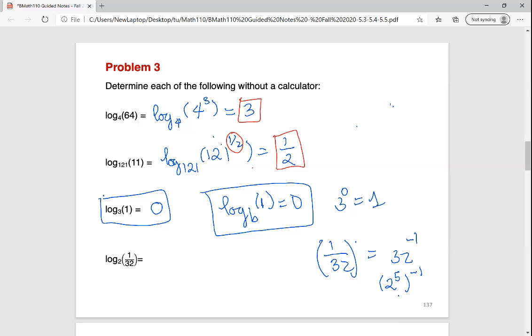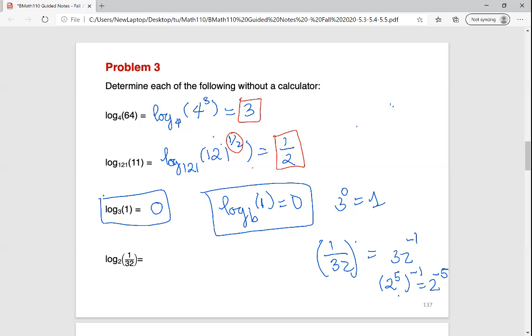So when you combine everything, you can make it 2 raised to negative 5, right? Because of the power of a power, you combine by multiplying the powers. So you will have 2 to the power negative 5.